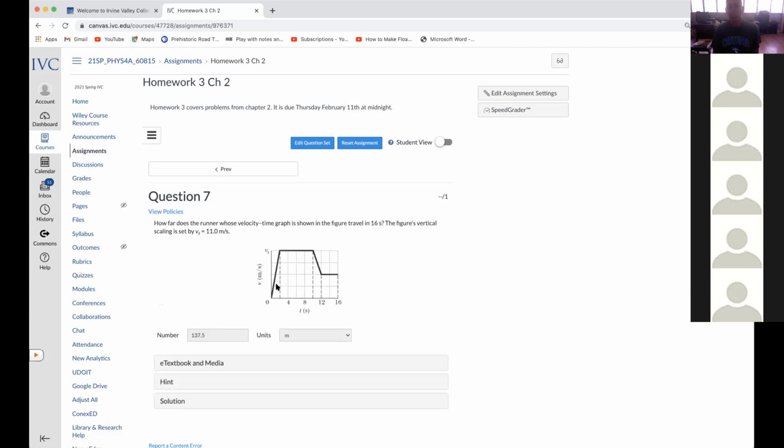And remember that this one's 4. It tells you that Vs, this top line, is 11 meters per second. So this first column is 11 high, and it looks like 2 seconds wide.